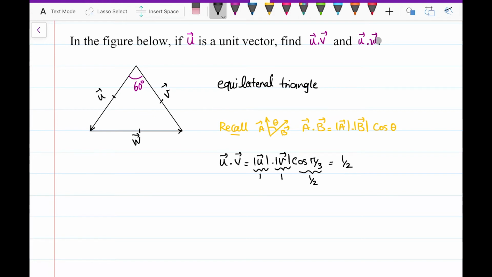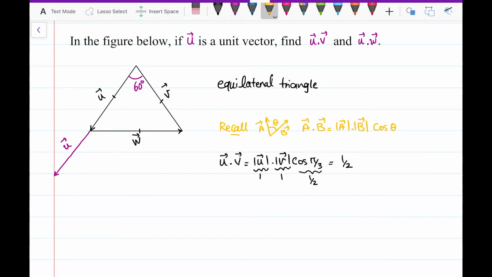How about U and W? To find this, as you see in the recall, I need to have both A and B start at one point. W is like this, so I can move U to here. You see, vectors can move, okay?